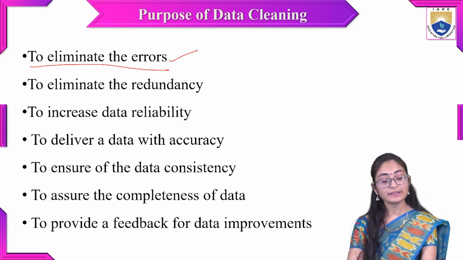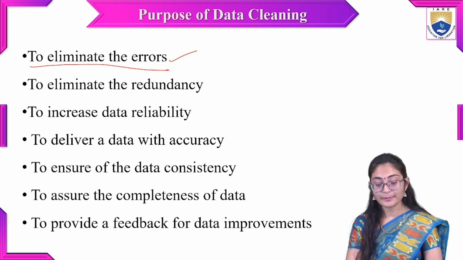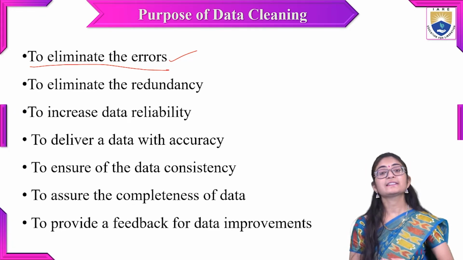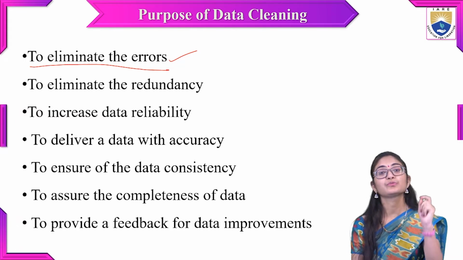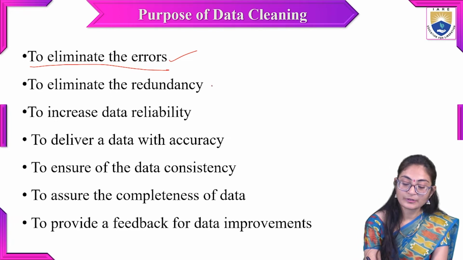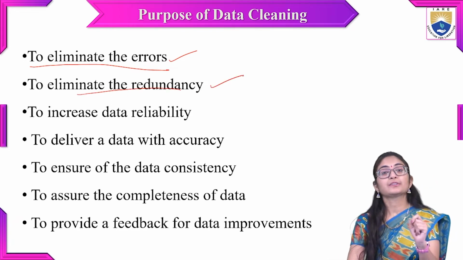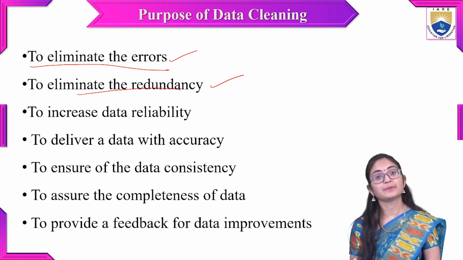The second one is to eliminate the redundancy. If there is incomplete data or incorrect data, then we have to remove those things. That is eliminating the redundancy. Next one is to increase the data reliability.